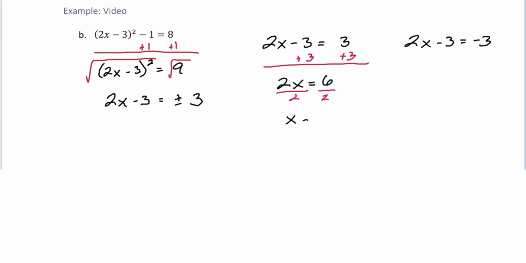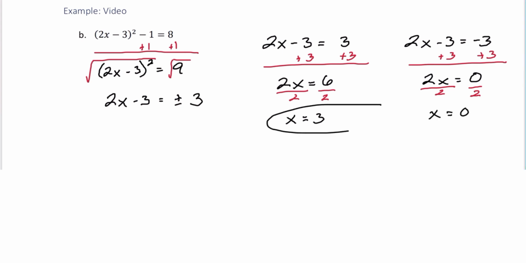X equals 3. The right equation, we also need to add 3 to both sides. 2x equals 0. Divide by 2. And we get x equals 0. So our answers are 3 and 0.